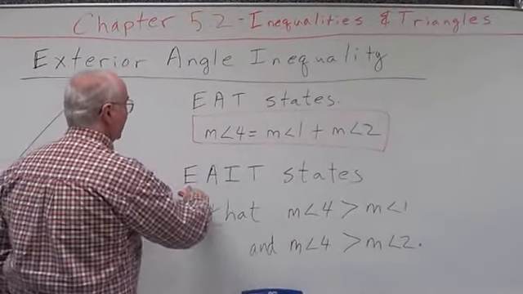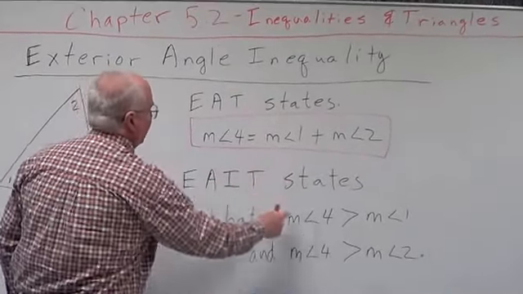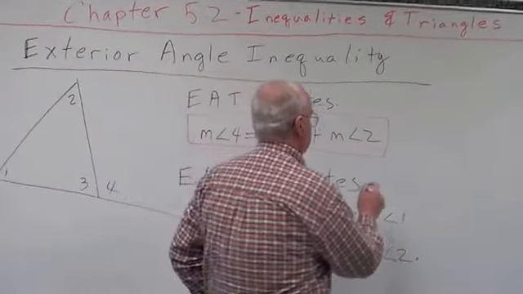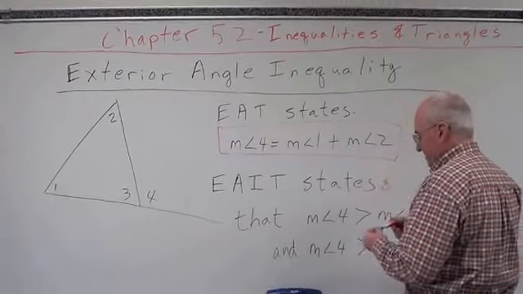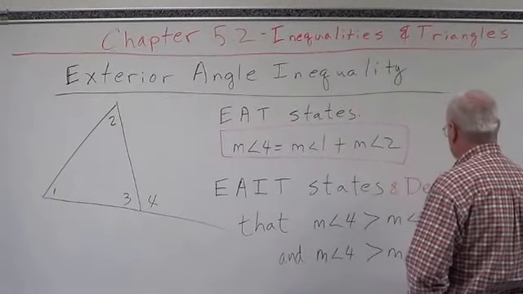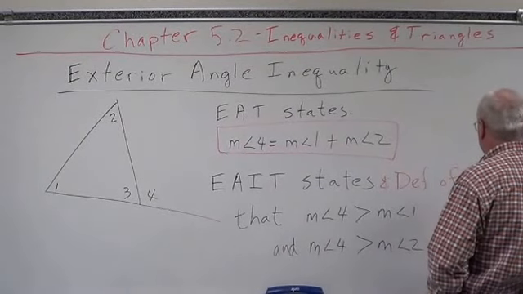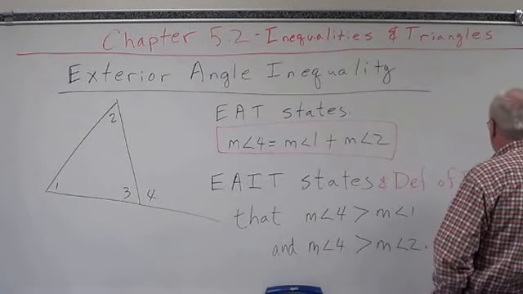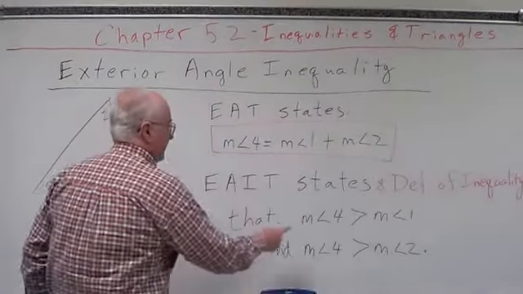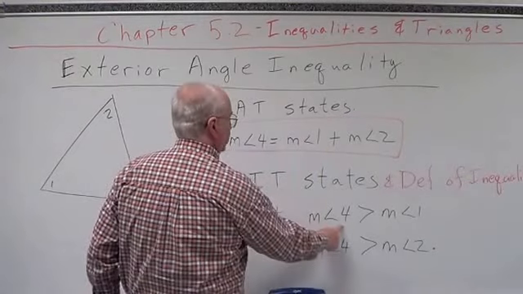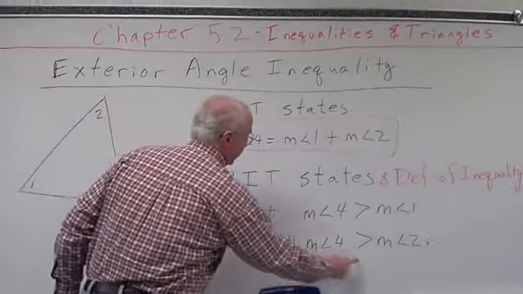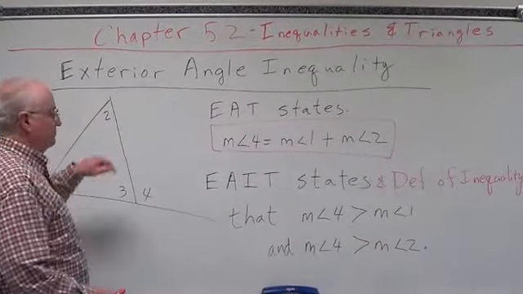Now, what we call the exterior angle inequality theorem states that because of this, and the definition of inequality, the measure of angle 4 has to be greater than the measure of angle 1, and it also has to be greater than the measure of angle 2.